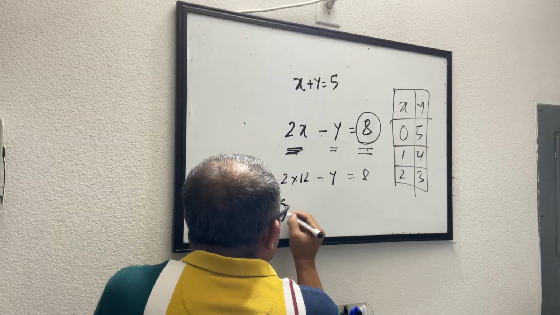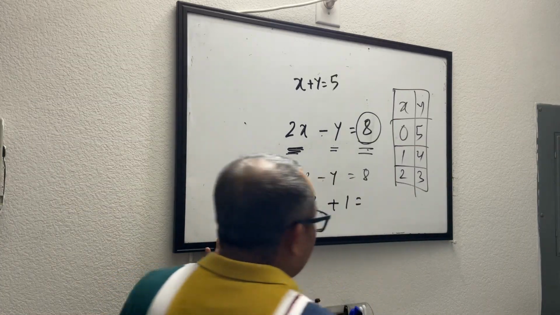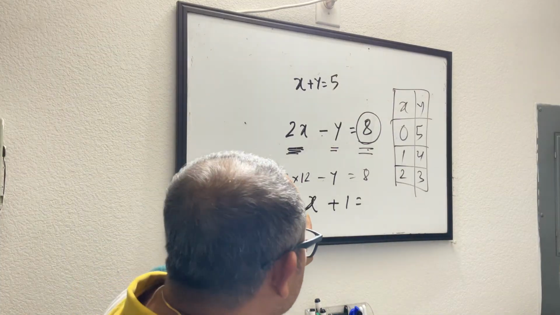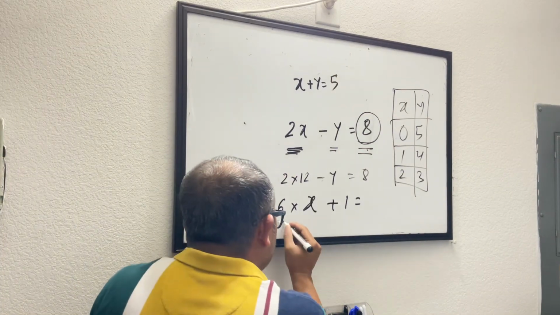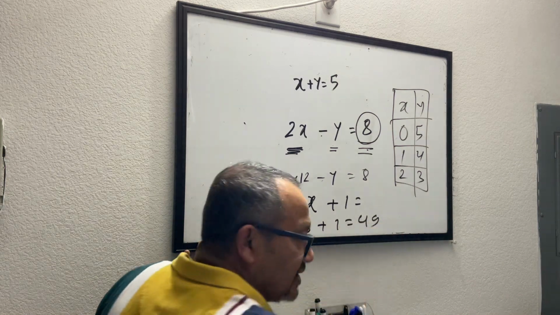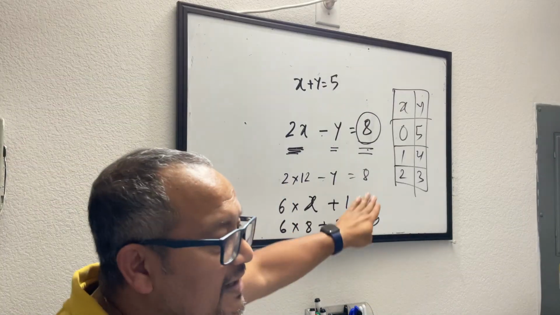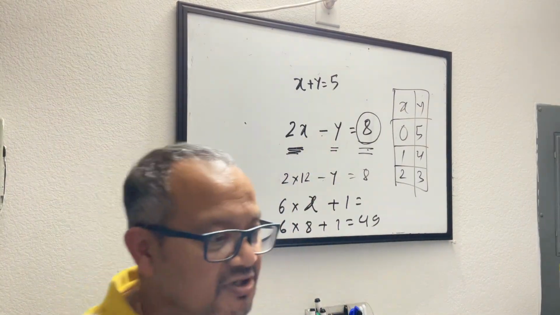I'll say 6 times Diksha's age plus 1 is my age. Find out. They will check with Diksha. How old are you, Diksha? She said, I'm 8. So 6 times 8 plus 1. Oh, 49. So to calculate something, you found a formula, a relationship, and that is what an equation is.